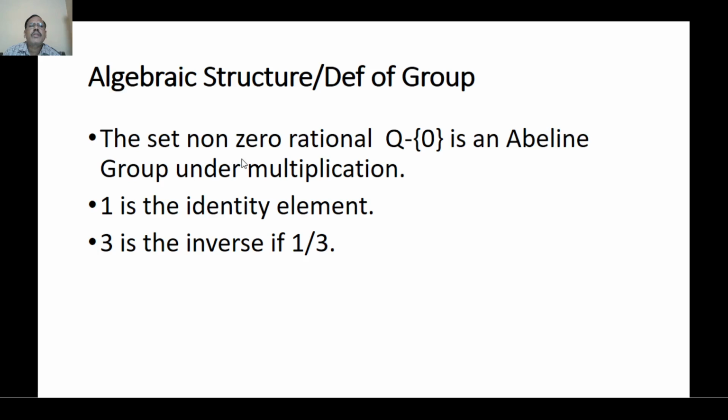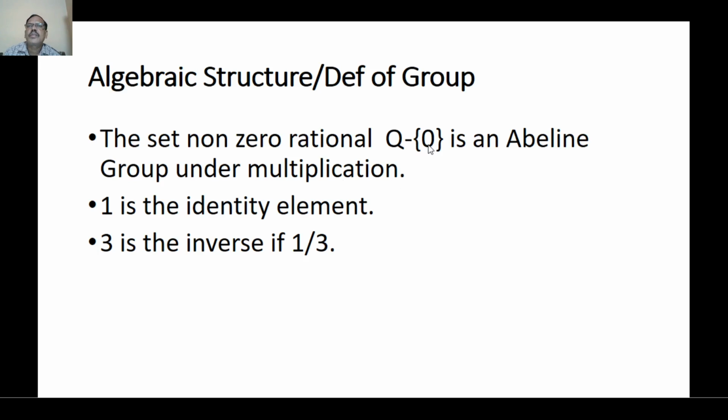The set of all non-zero rationals, if you delete 0 from Q, this we call non-zero rationals, and it forms an abelian group under multiplication.